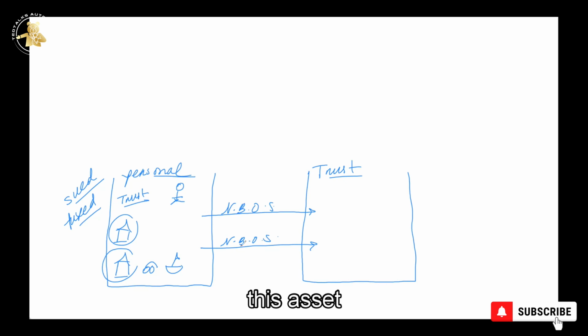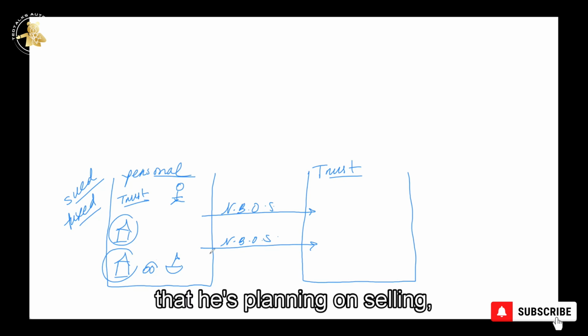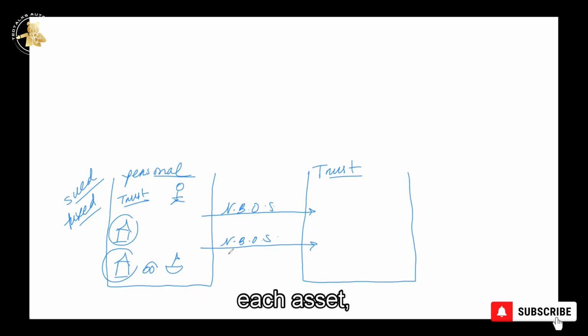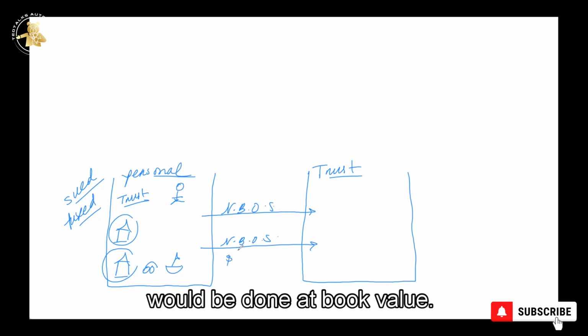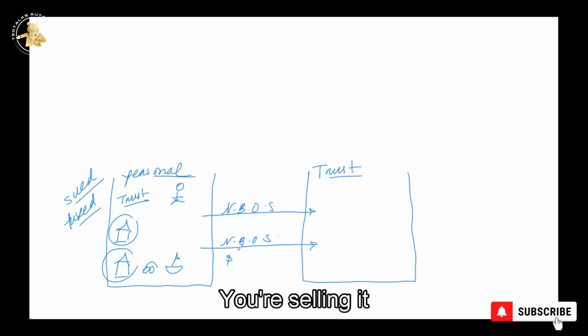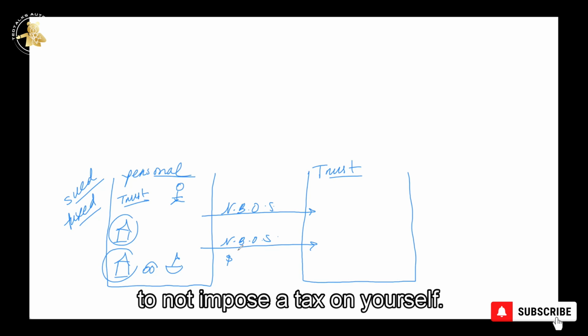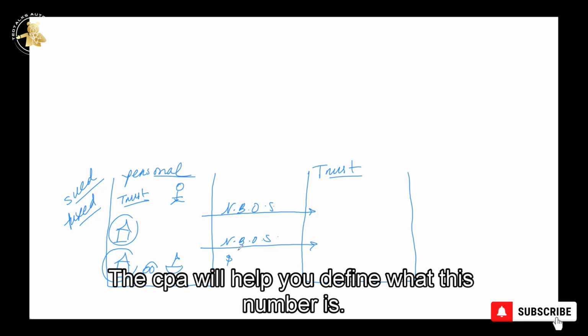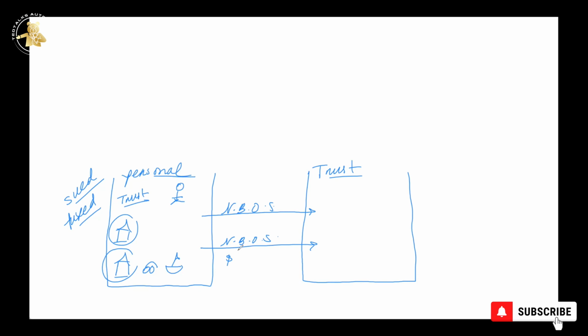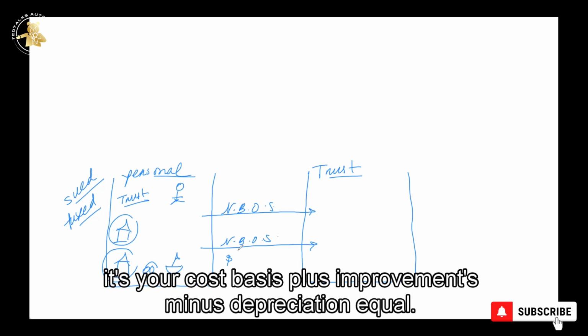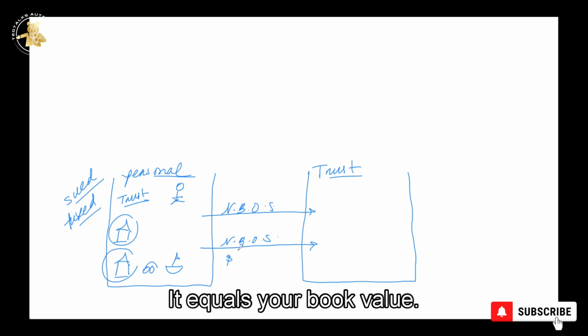This asset that he's planning on selling, each asset would be done at book value, right? You're selling it to not impose a tax on yourself. The CPA will help you define what this number is. Typically, it's your cost basis plus improvements minus depreciation equals your book value.